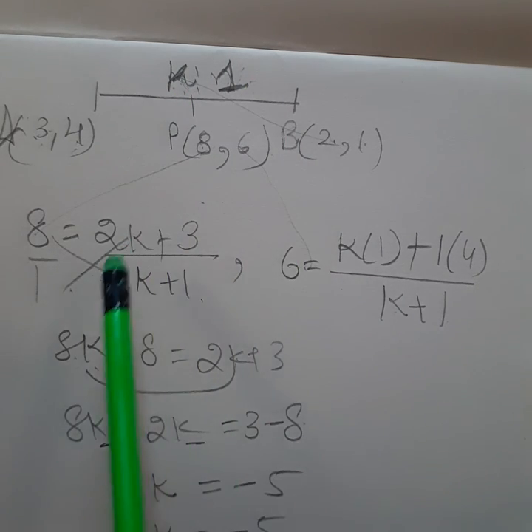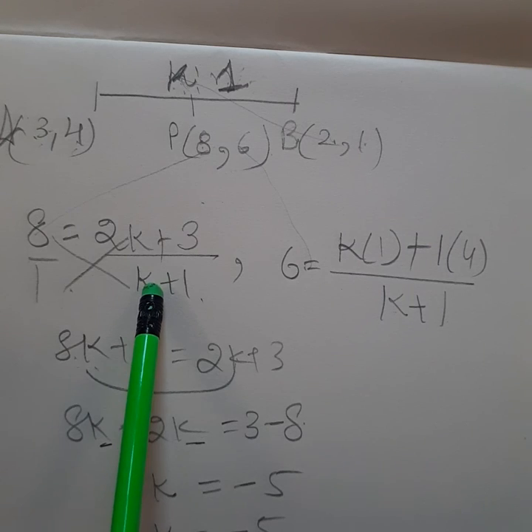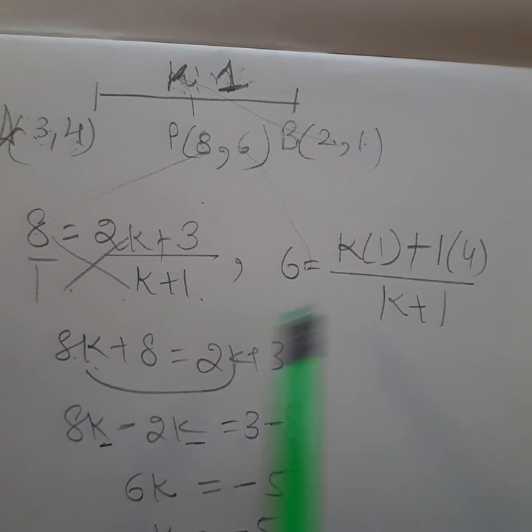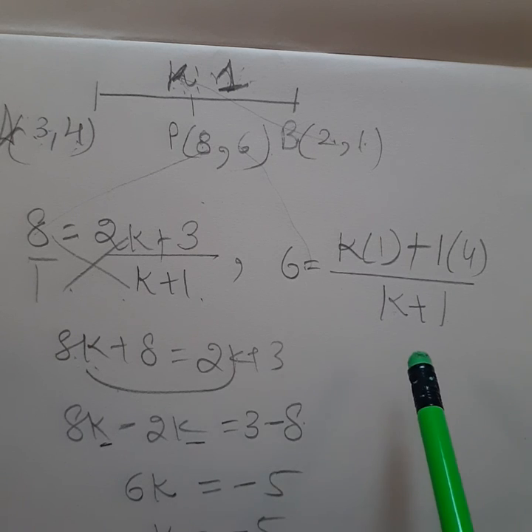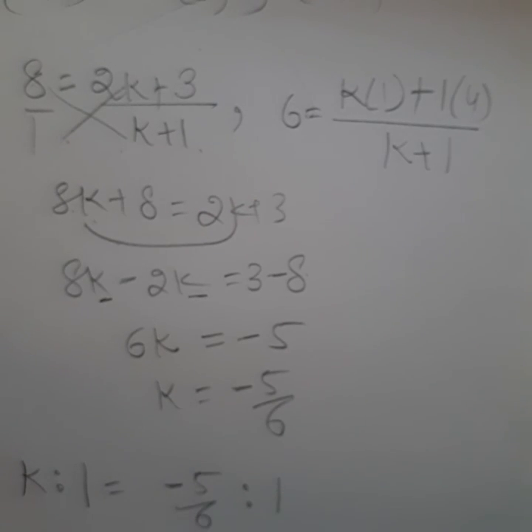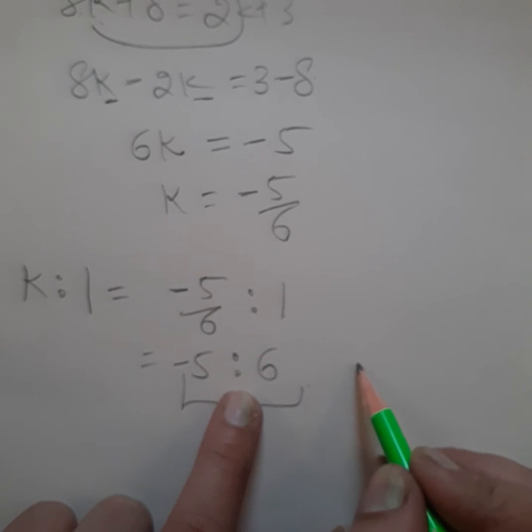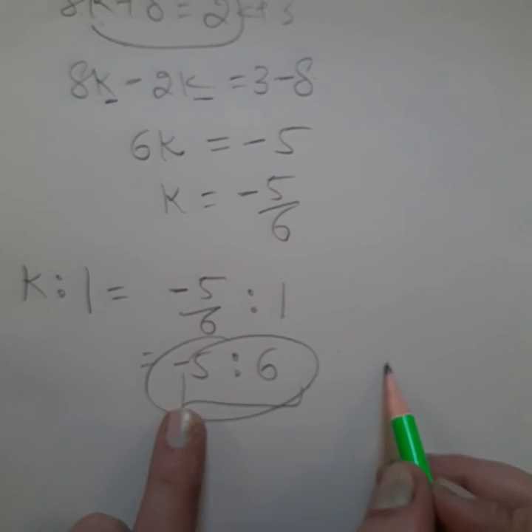Okay, now you have to apply the formula, as we have done in the earlier questions. So by cross multiplying and by separating your variables and constants, you get the value of k, and in this way you can get your ratio as k ratio 1, and we can say this as m ratio n.